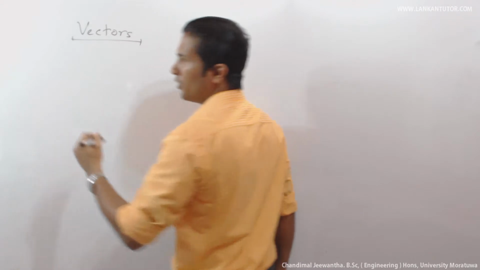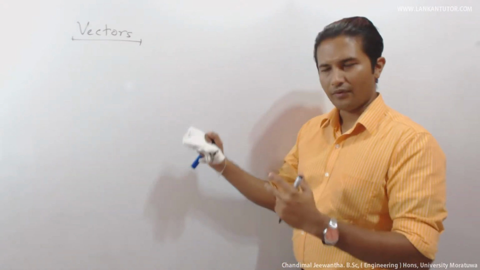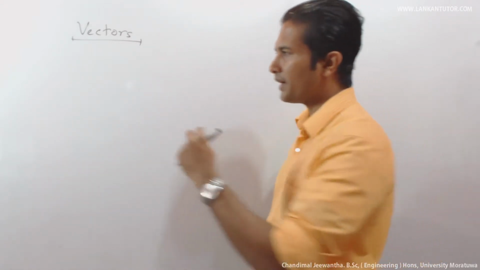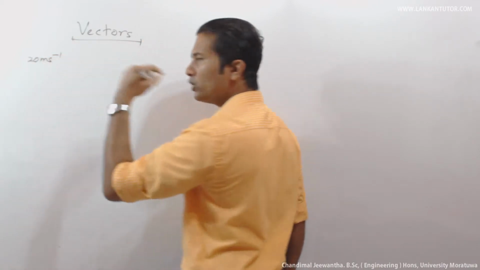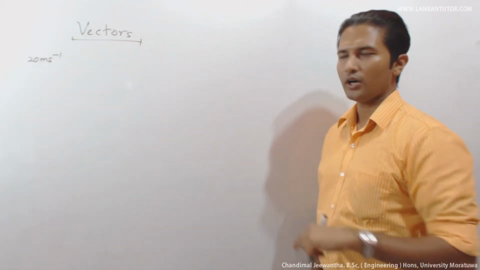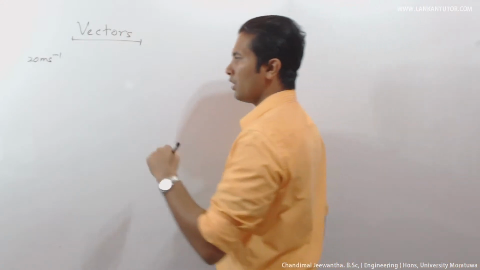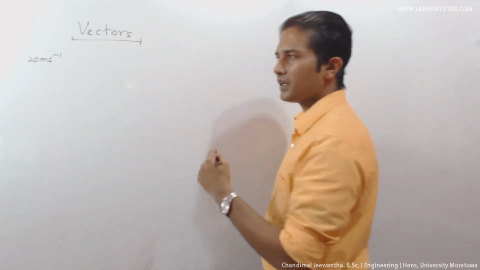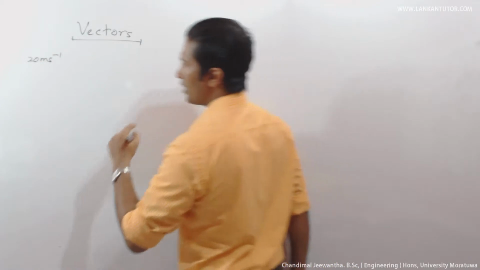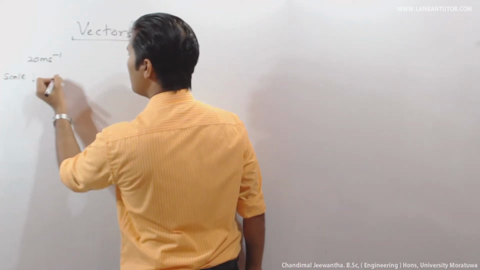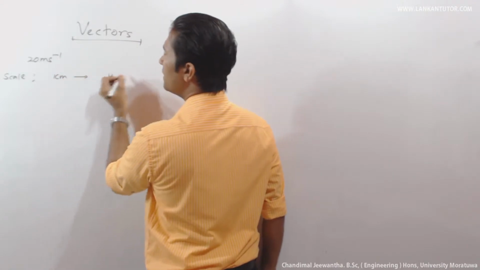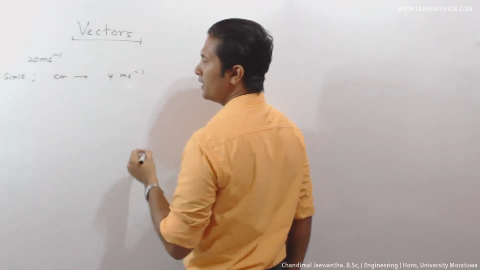For example, the velocity of the object is 20 meters per second towards north. How would you graphically interpret that velocity? You have to use a scale of 1 centimeter to 4 meters per second.